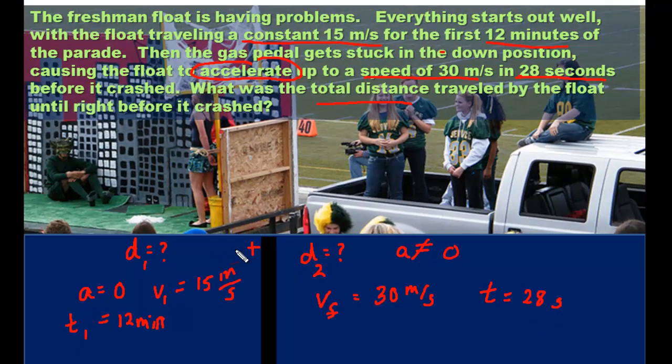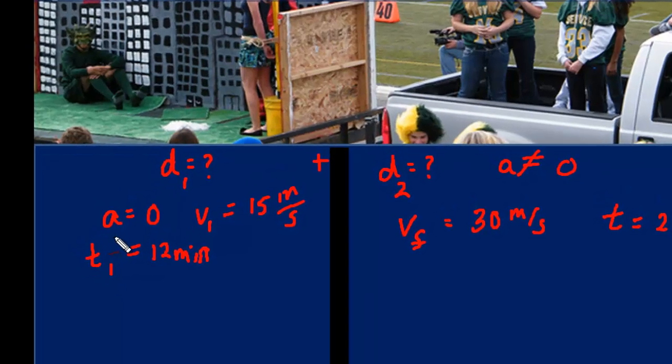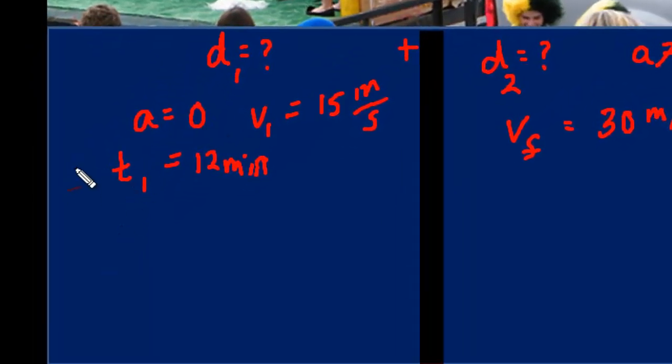So we're going to find the distance in the first part, and we're going to add that to the distance in the second part. In the first part, acceleration is equal to 0. So when acceleration is equal to 0, we can use the old standby v equals distance divided by time, d equals tv. Changing our minutes to seconds, we have 720 seconds for our time.